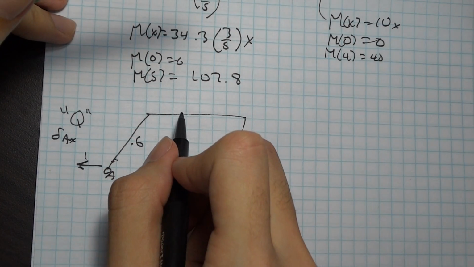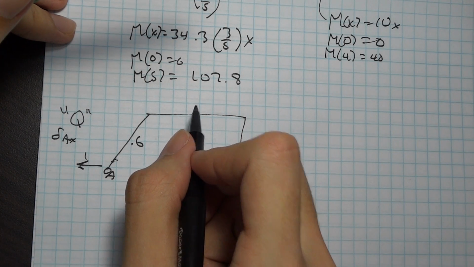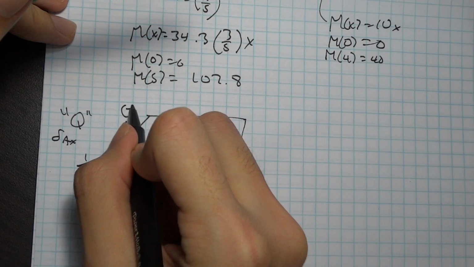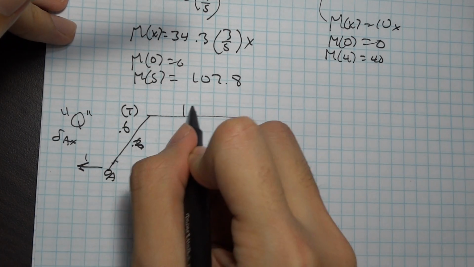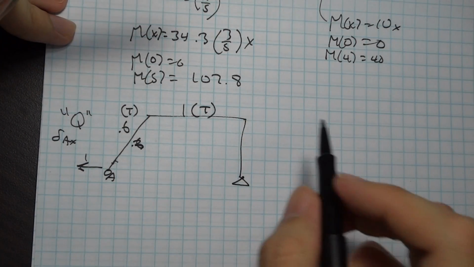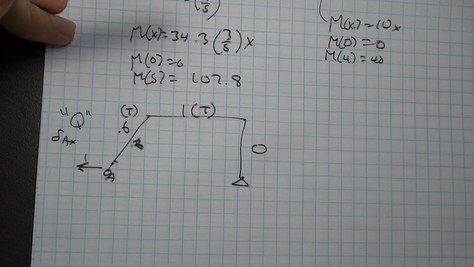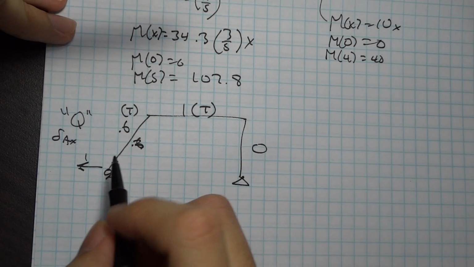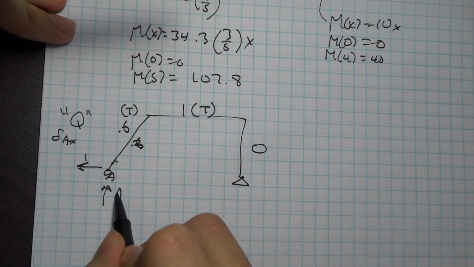Sorry, let me write this up here. It's going to be 0.6, and this is going to be in tension. And you're going to have 1 axial force in here, which is also tension, and you're going to have 0 axial force in here. You might be asking, well, how is AY 0?